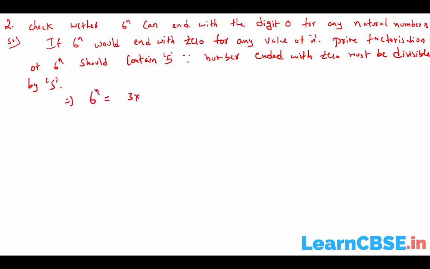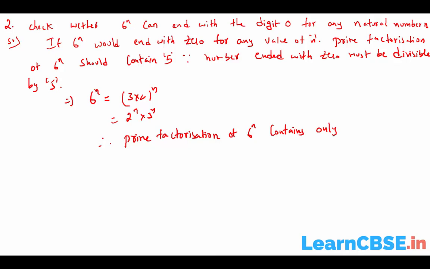I can write (3 into 2) whole power n. That means 2 power n into 3 power n. Therefore the prime factorization of 6 power n contains only 2 and 3, not 5.